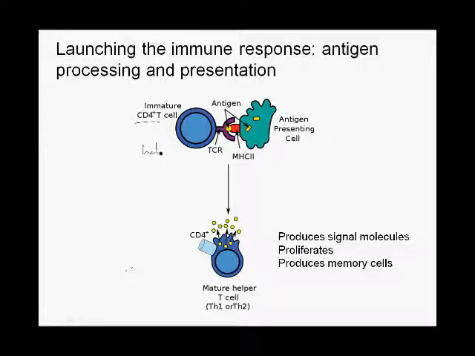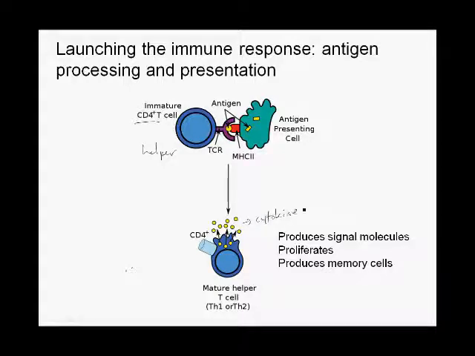So these are pre-helper T cells, or naive, immature helper T cells, let's put it that way. And they remain immature until their T cell receptor recognizes an antigen presented by an MHC class 2 molecule, at which point the helper T cell becomes activated, becomes a mature helper T cell, and it produces signaling molecules. They're called cytokines.